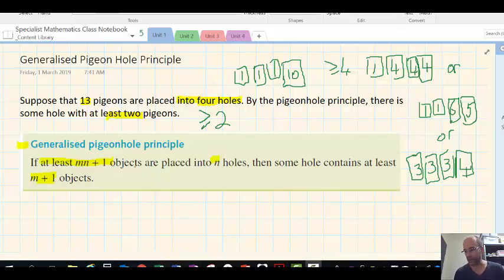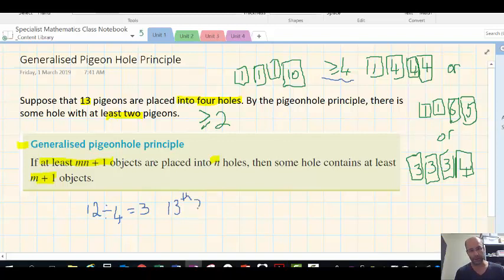We can see for the example above that if we had 12 pigeons, 1 fewer, that have all got to go into a hole, you've got 3 in each. Even if you wanted to try and dodge it under 4, the 13th's got to go somewhere, so whichever one it goes into, it's going to bump that into 4.